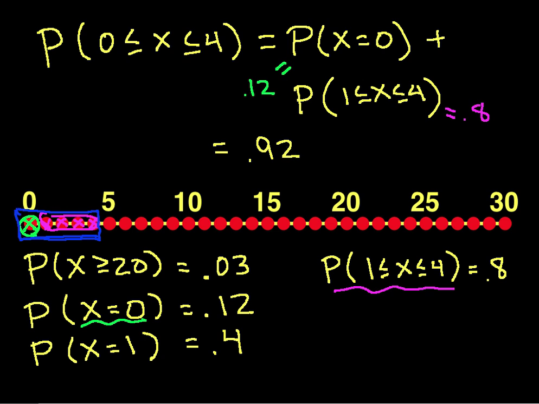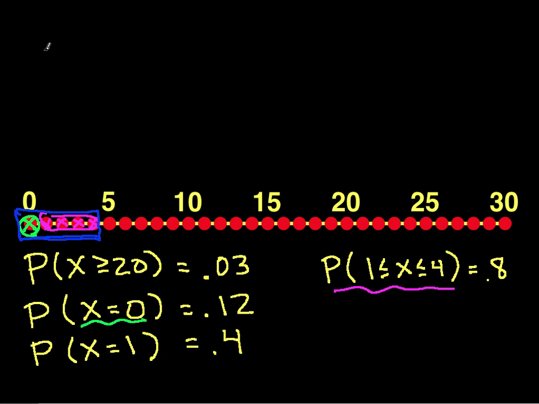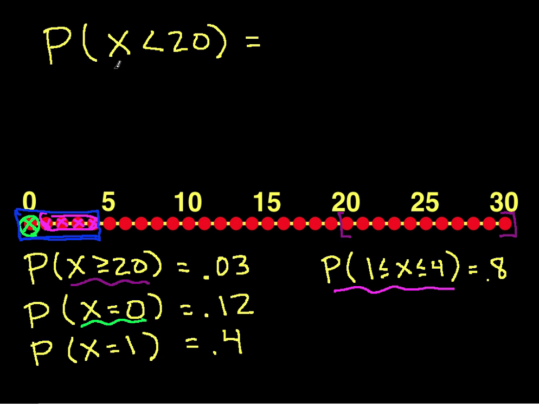Well, let's look at another example. Suppose now I want to find the probability that X is less than 20. You can see here that I have the probability that X is greater than or equal to 20, so I have the probability that X takes values up here, and I'm interested in finding the probability that X is less than 20, so I'm looking at this interval.